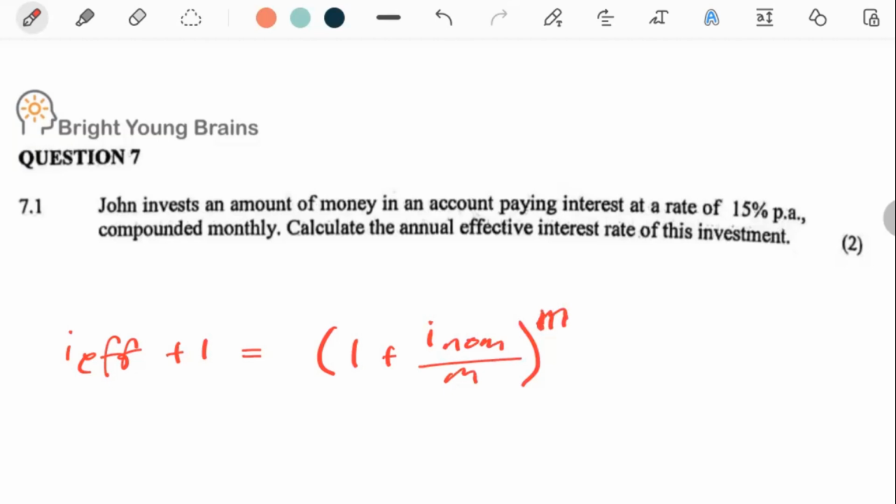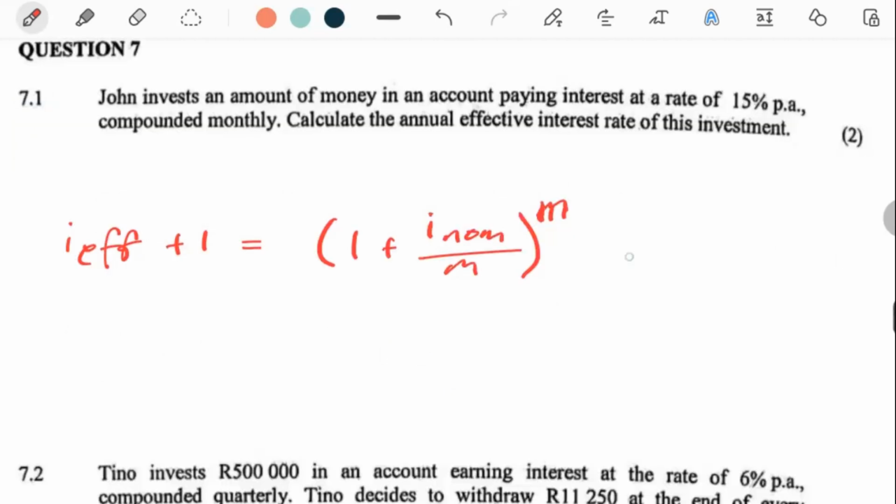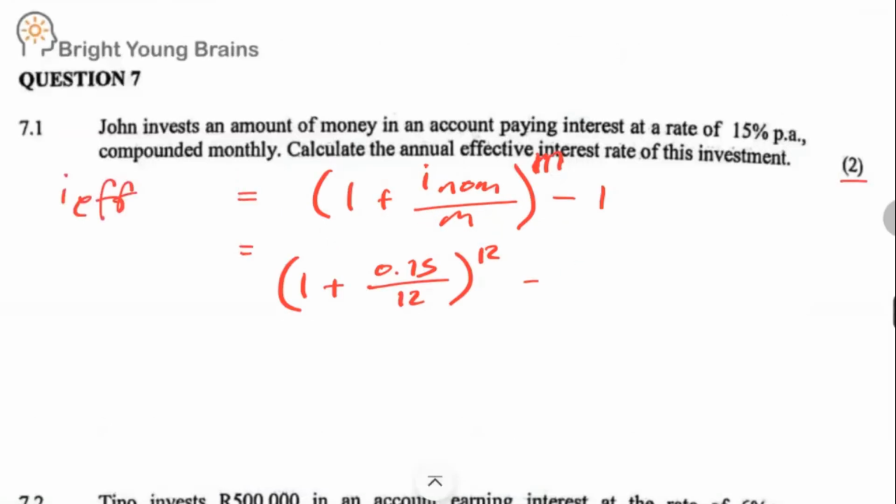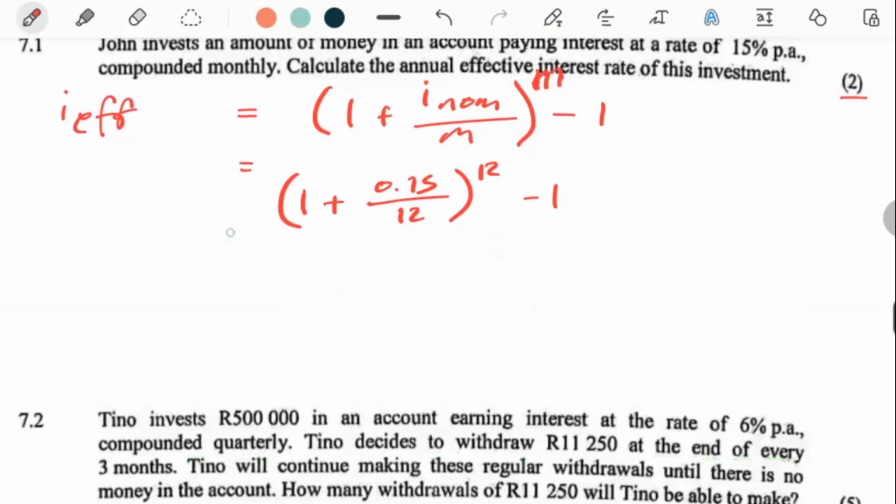We're going to use 15% there. So ideally you can put 0.15 over 12. So all this, you're just going to put in your calculator. Let's see what we have here. Open bracket, 1 plus fraction button, that's 0.15 over 12, the whole thing to the power of 12 minus 1.